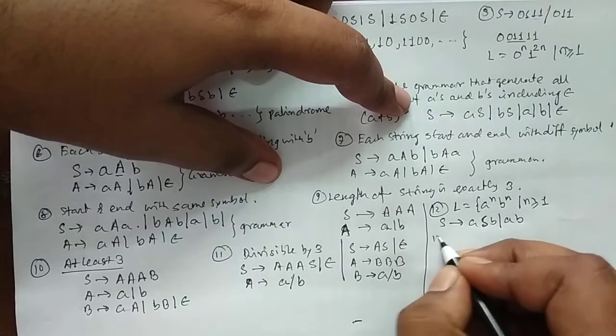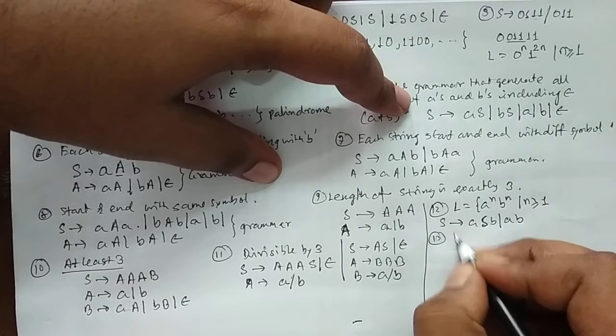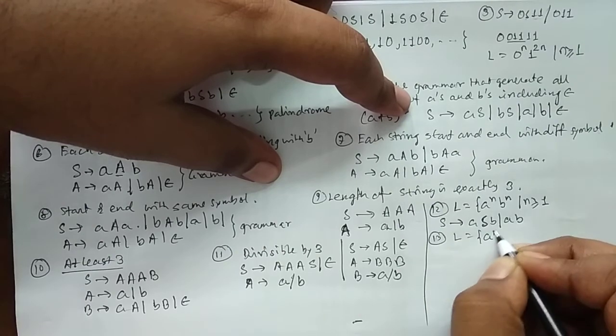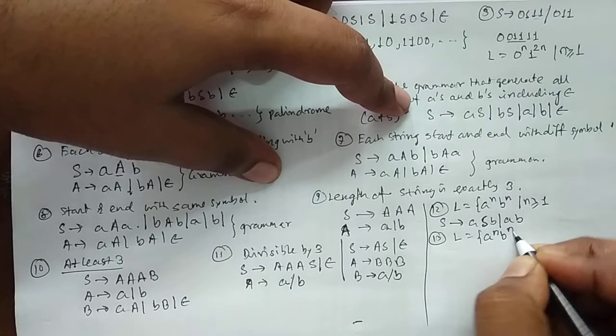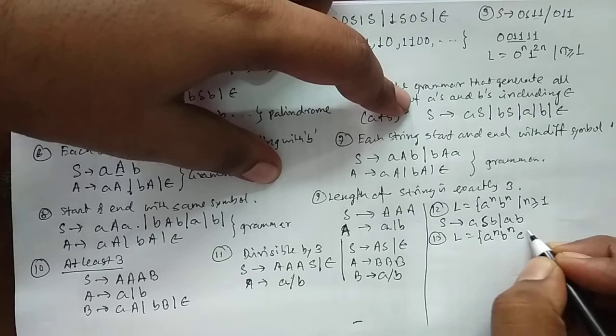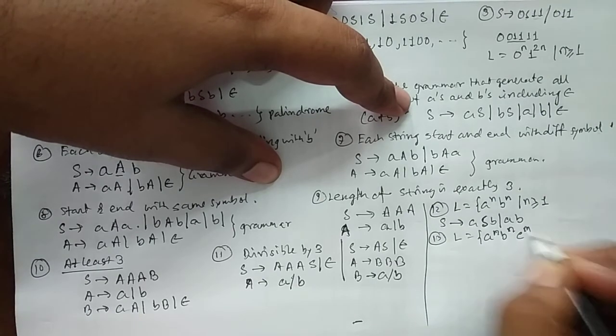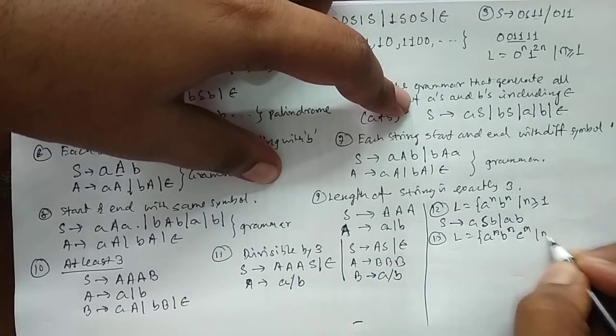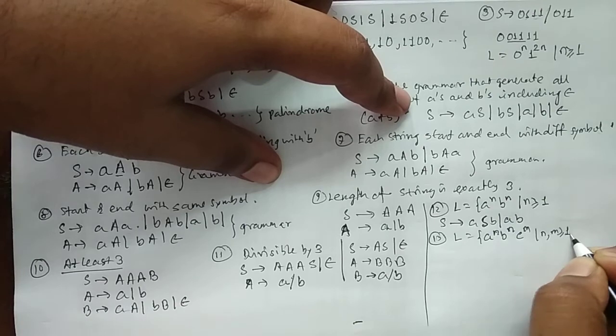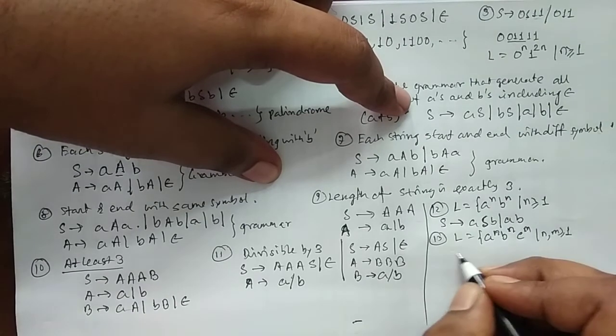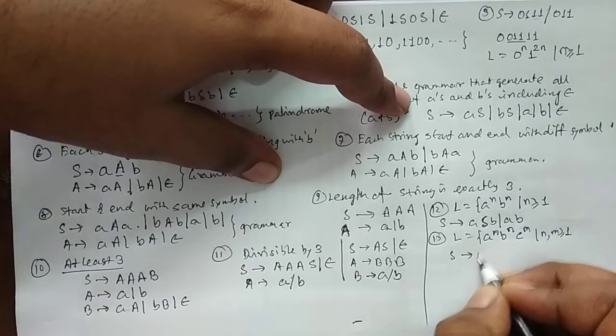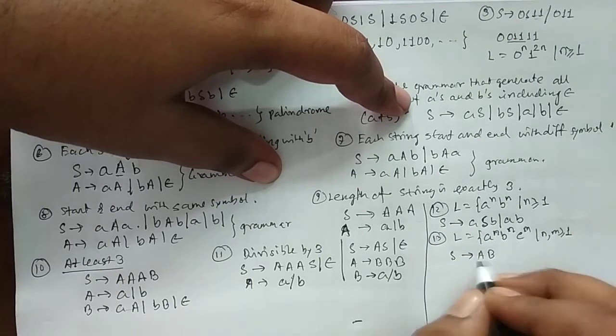Now another is given, number 13. Let us see. L is given as a^n b^n c^m, where n and m are greater than or equal to 1. So what will the corresponding grammar be? Let us see. S to AB.